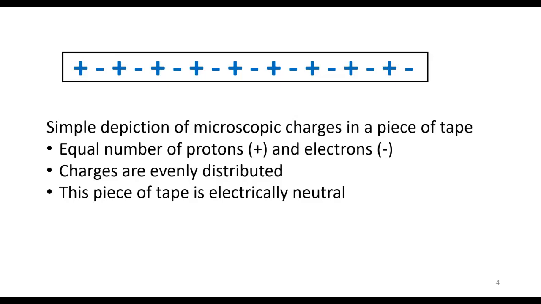Notice how the positive and minus charges alternate and are evenly distributed throughout the piece of tape. This piece of tape is electrically neutral. That means that it has an equal number of protons and electrons. Throughout the tape, the charge is neutralized because a positive charge is always balanced by a negative charge next to it.